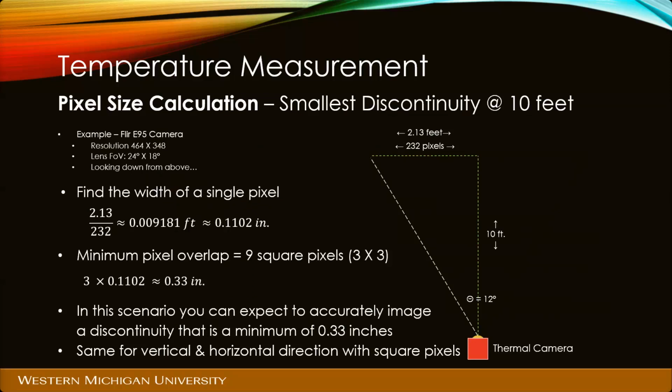So we just take that pixel width, multiply it by 3. We get roughly 0.33 inches, right? So at 10 feet, with this camera, with this lens attached, we can accurately measure a discontinuity that's a minimum of 0.33 inches. That's not bad for standing 10 feet away.